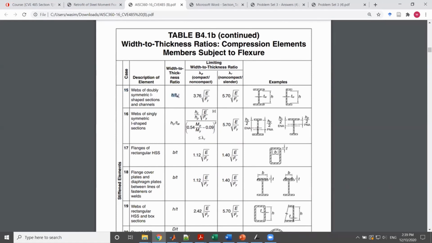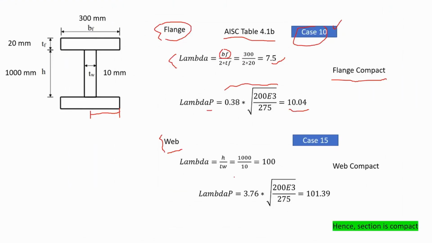So in order to calculate my lambda of this web, it's going to be h divided by tw, where h is given to us in the drawing, and tw is the thickness of the web. So let's calculate this. 1000 is my h, and the thickness of the web is 10. Divide them, you would get your lambda of the web equal to 100.